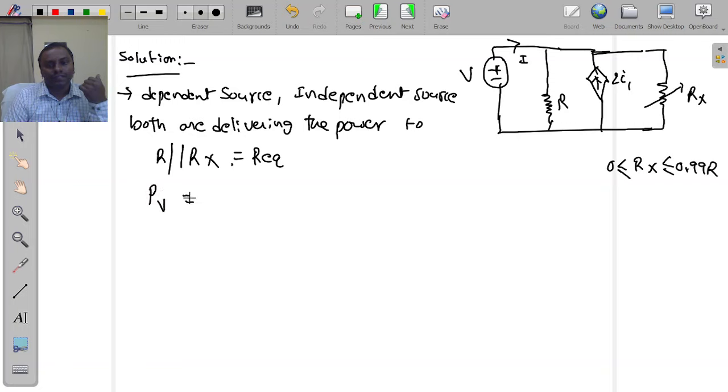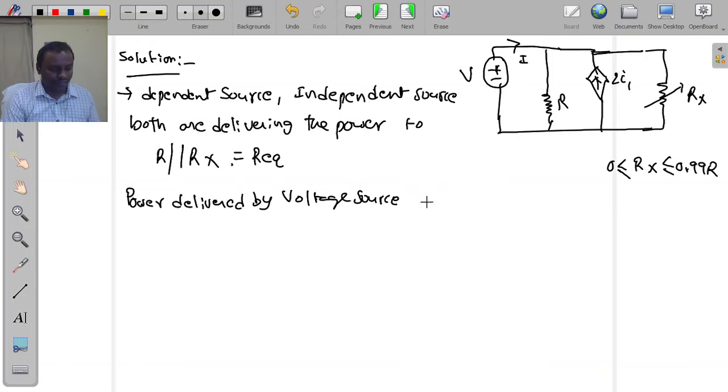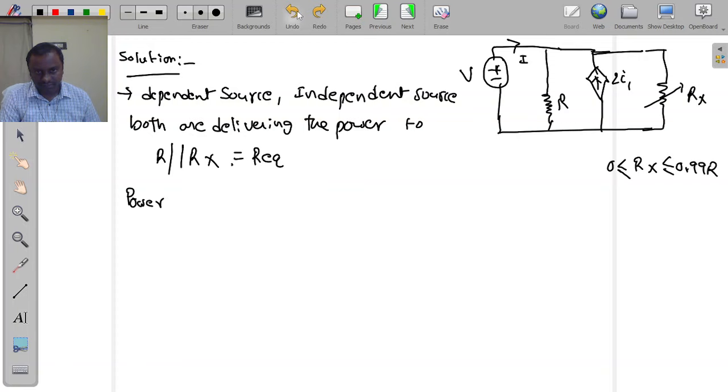The voltage source is delivering the power as well as the dependent source; both are delivering the power to the R equivalent.